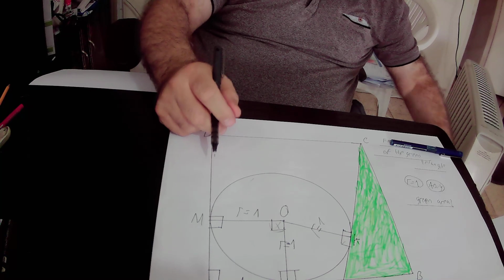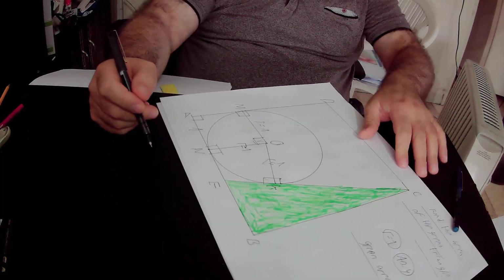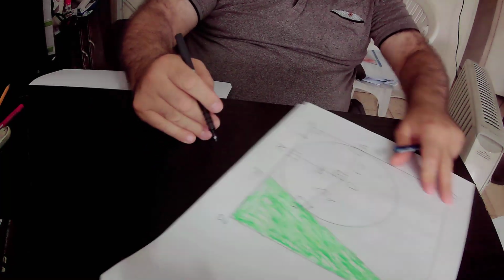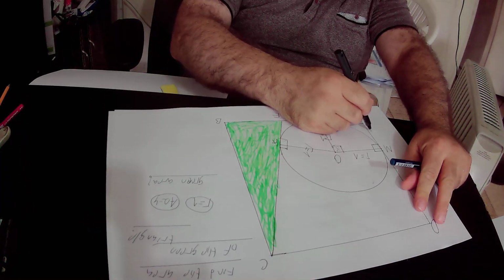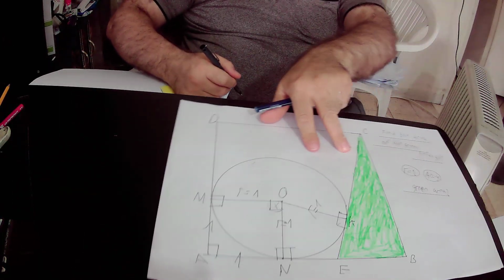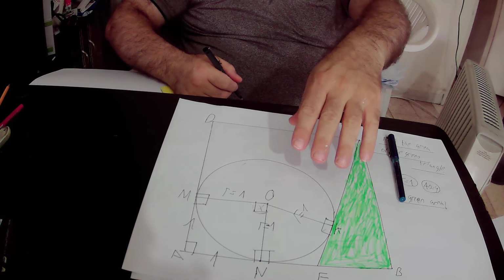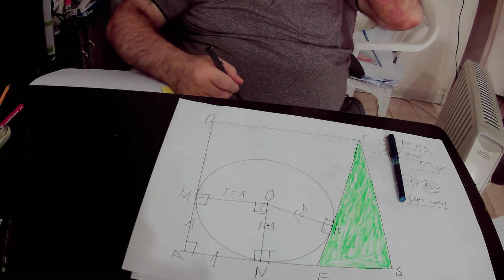So here MA also equals 1 unit. So actually we found out that all 4 sides of rectangle MOAN are equal to each other.